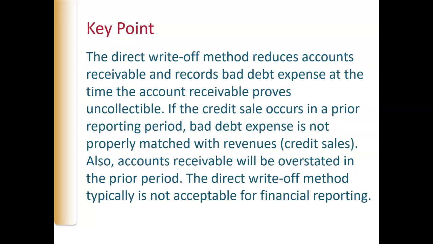The direct write-off method reduces accounts receivable and records a bad debt expense at the time the accounts receivable is uncollectible. If the credit sale occurs in a prior recording period, the bad debt expense is not properly matched with the revenues. Also, in the previous year, our accounts receivable are overstated, right?